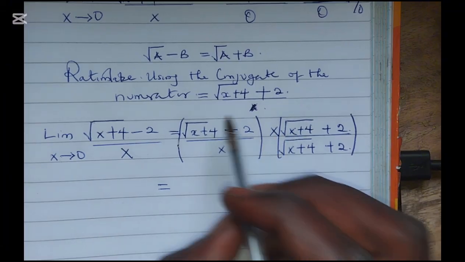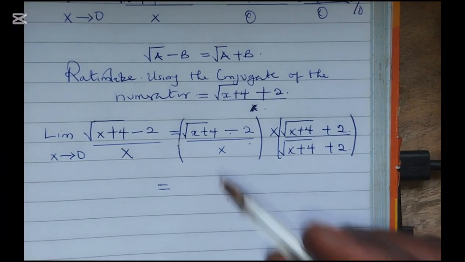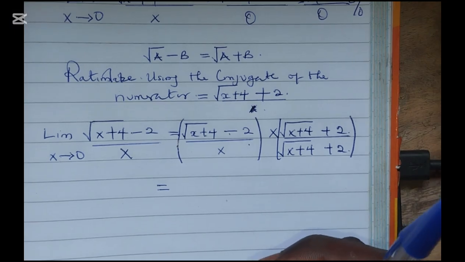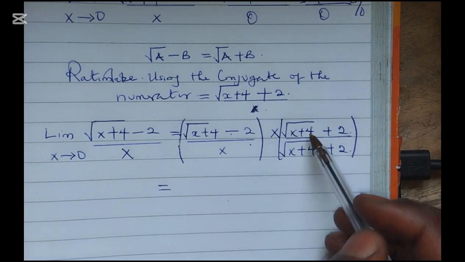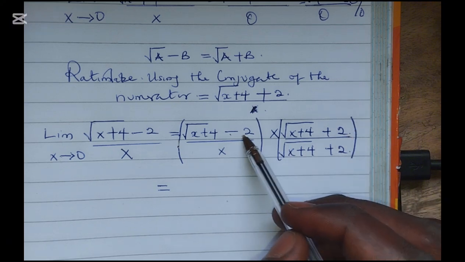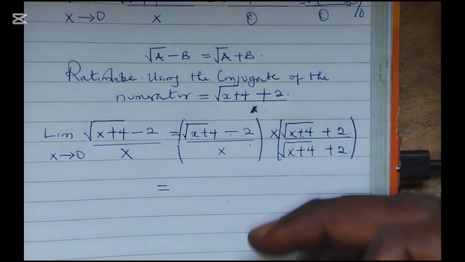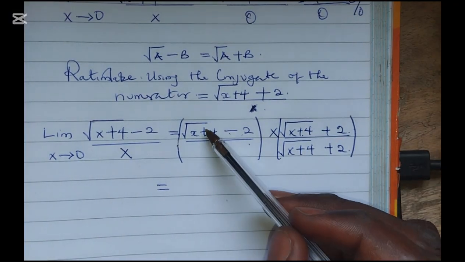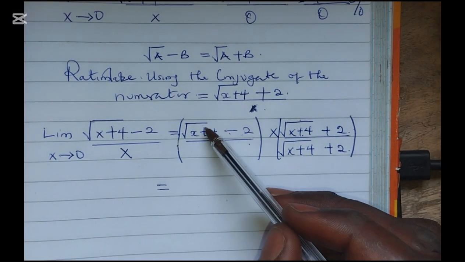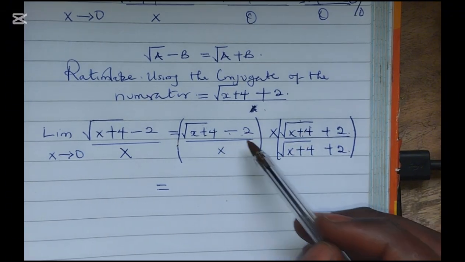To multiply out a difference of two squares, you can do it whichever way you like: first and first, first and last, last and first, last and last. But to make your life easier, you just multiply the first and the first, and the last and the last.